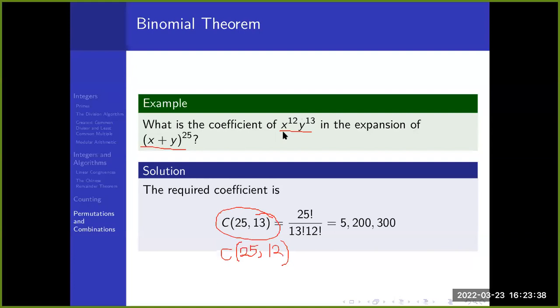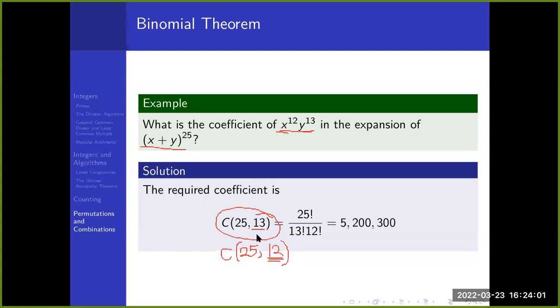Because there are two ways you can do it. You can choose either to pick the x's or pick the y's. So if you are picking the x's, you need to pick 12 of them from 25 factors. But if you pick 12 x's, then you must reject 13 y's. So these two are counting exactly the same thing.